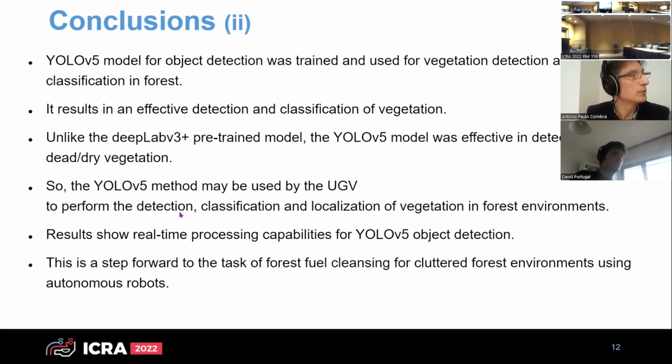It will be used for the detection, classification, and localization of vegetation in a forest environment. The results show real-time processing capabilities, and so we believe this is the way that we should proceed in our project for cleaning forest environments using autonomous robots.